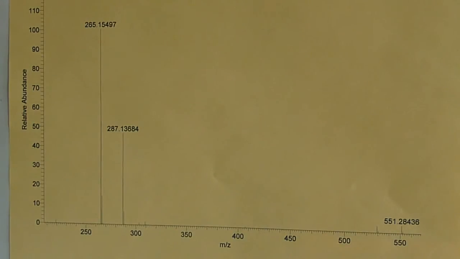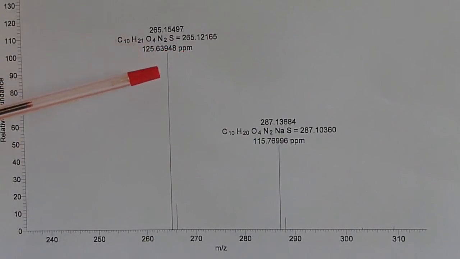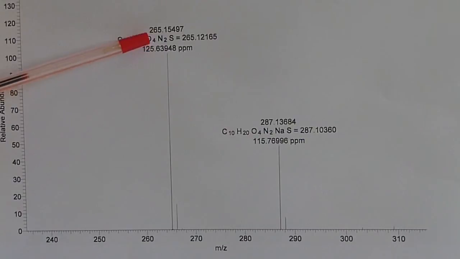For the dipeptide with a nominal molecular weight of 264, we have three possibilities. One possibility is oxidized methionine-valine. This is our observed experimental data. This is the composition for oxidized methionine-valine dipeptide, and the difference between observed and theoretical is 125 parts per million.